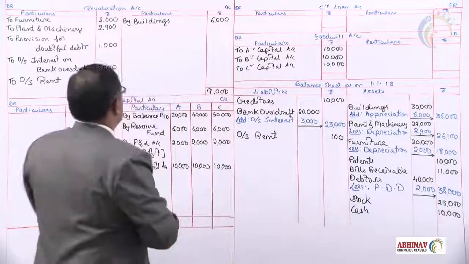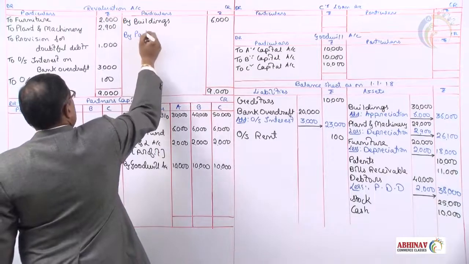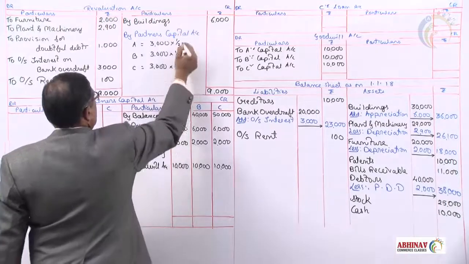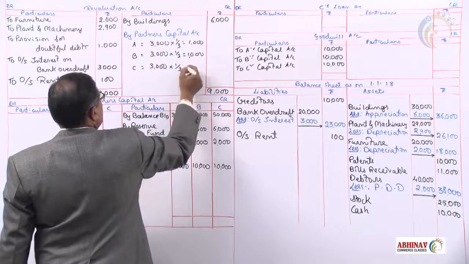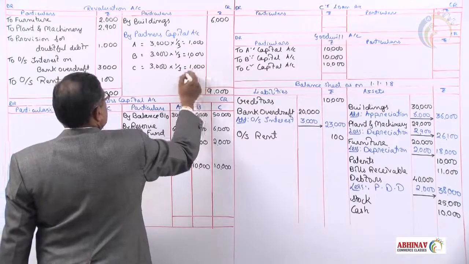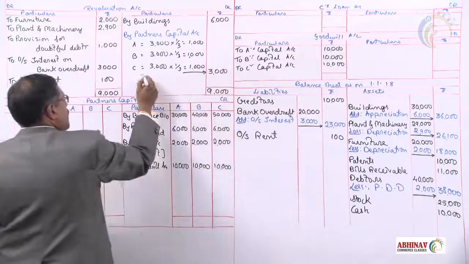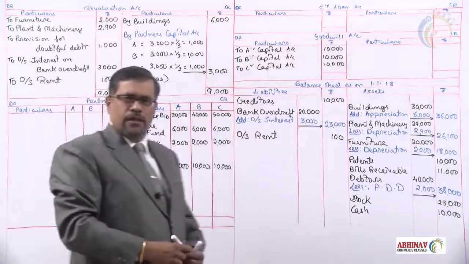So first, we have to transfer this to the capital accounts of the partners. What we get is 1,000 each. 3,000, in brackets, we'll specify this as loss.